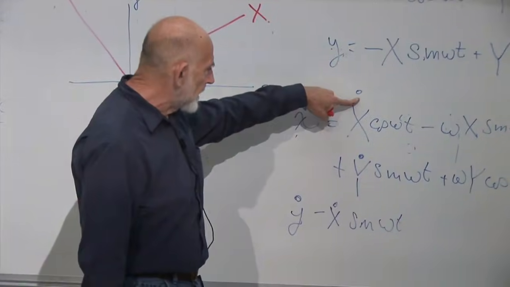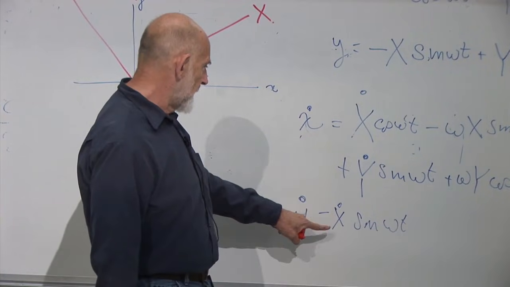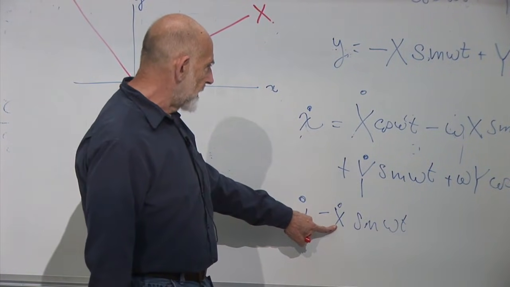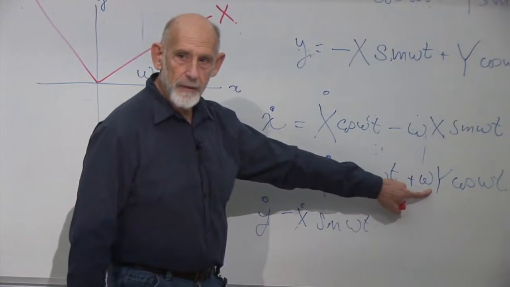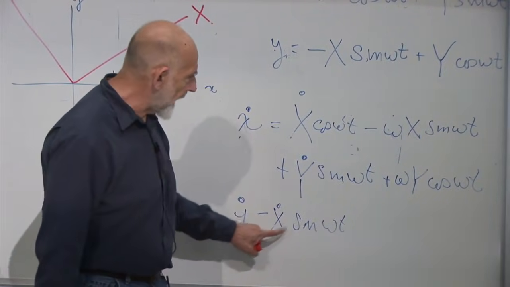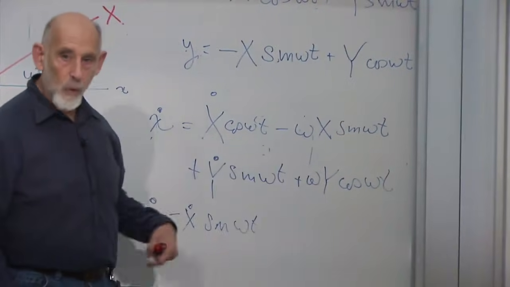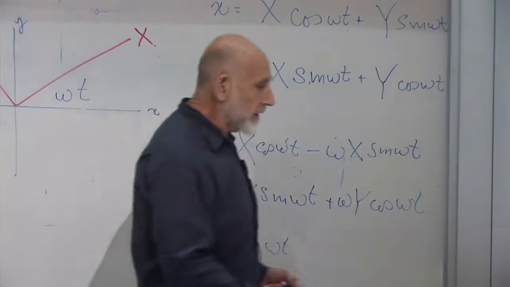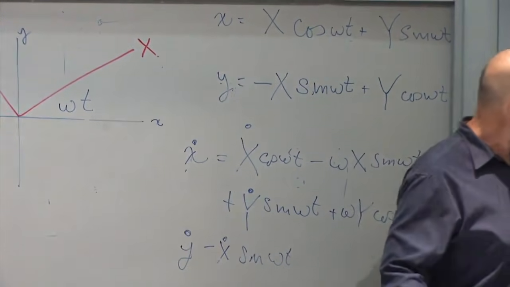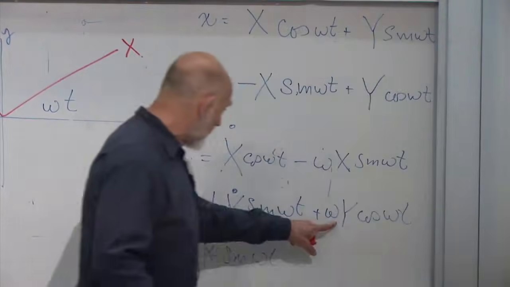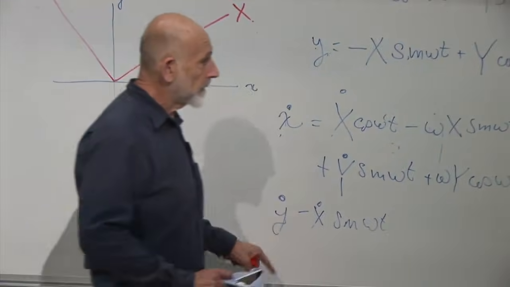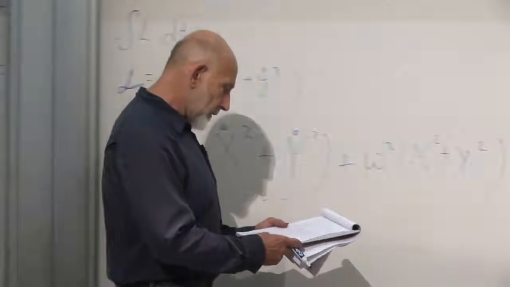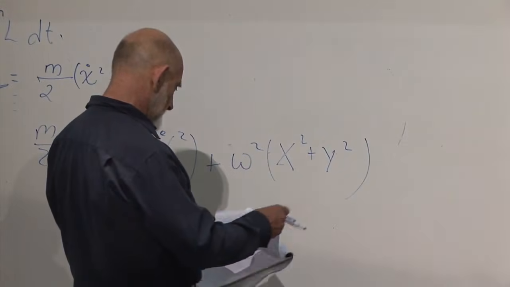Then there are cross terms with X dots and Y's, and Y dots and X's. The last term that you get only has one power of omega in it. So that's, I think, plus or minus. Let me just see what the sign is.